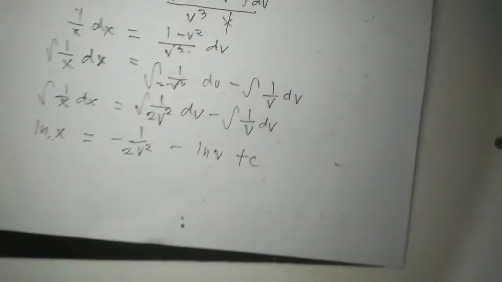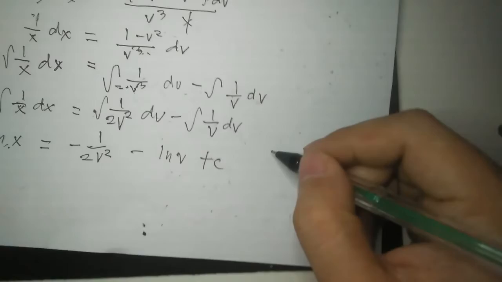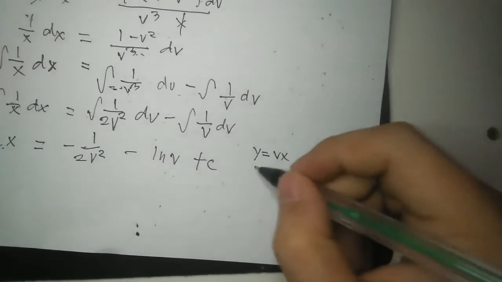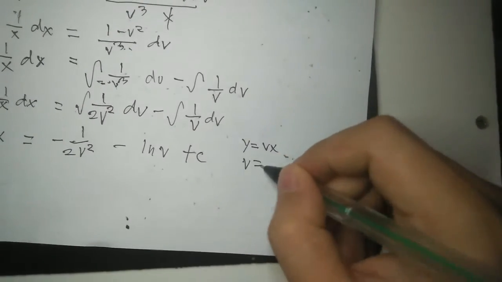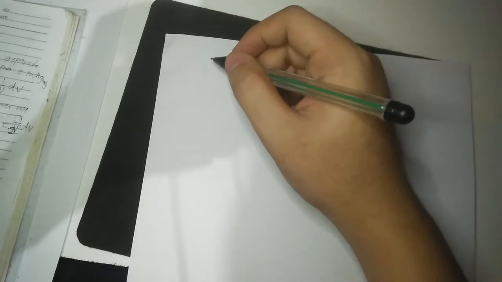So now we recall that y is equal to vx, and now v is equal to y over x.